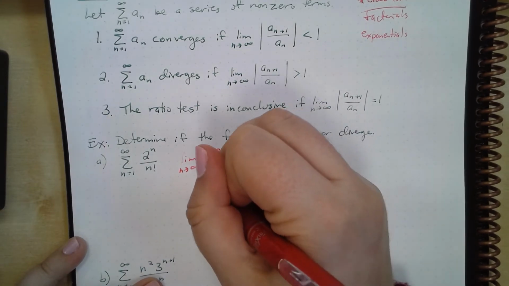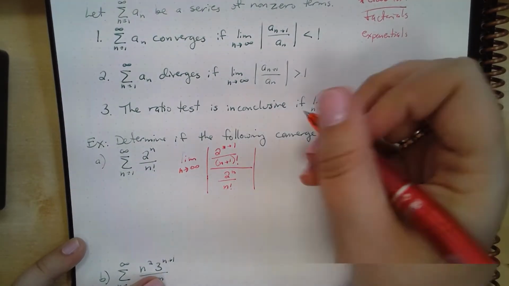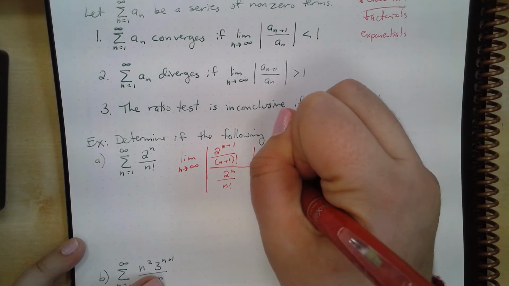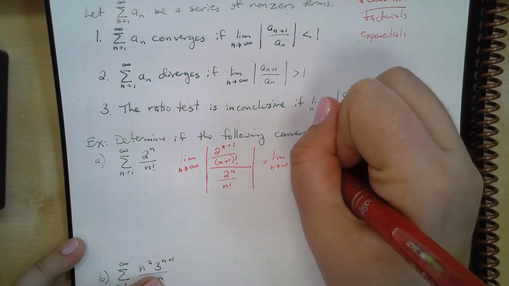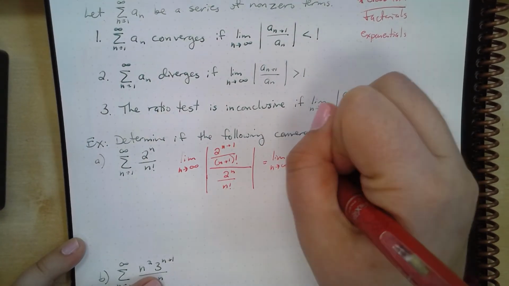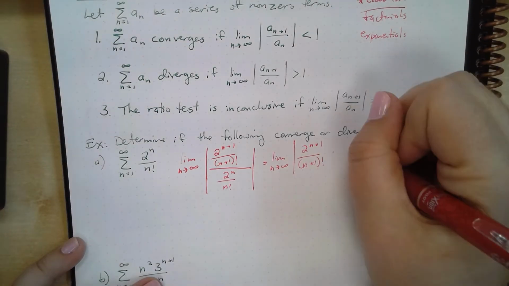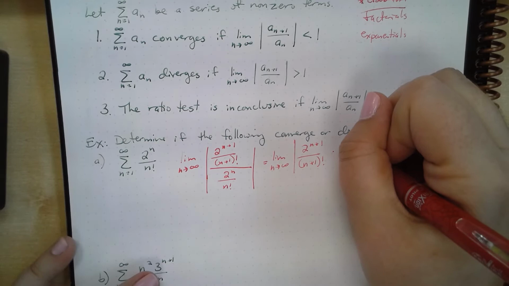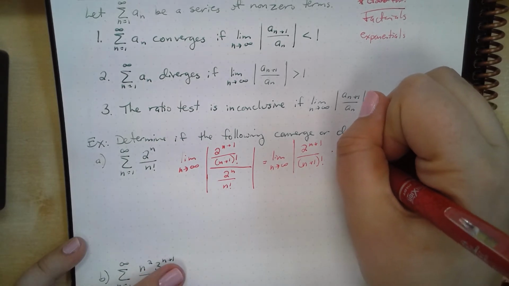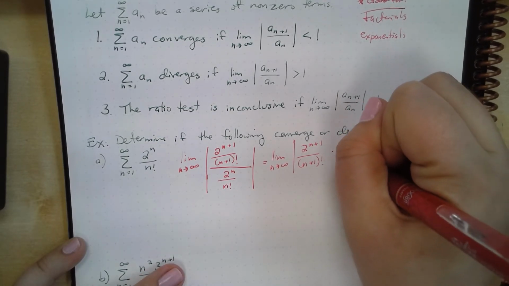Okay, so we know that we can rewrite that as the limit as n approaches infinity of 2 to the n plus 1 over n plus 1 factorial times, and this should still be an absolute value, times the reciprocal, right? n factorial over 2 to the n.